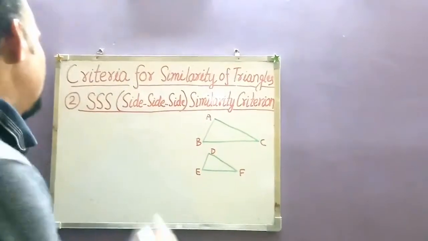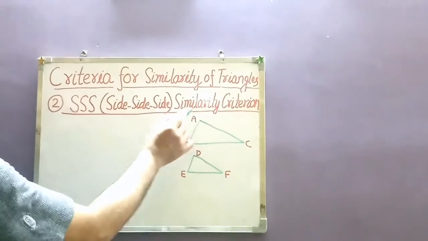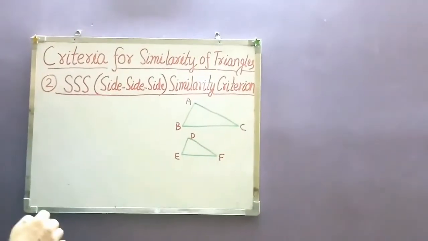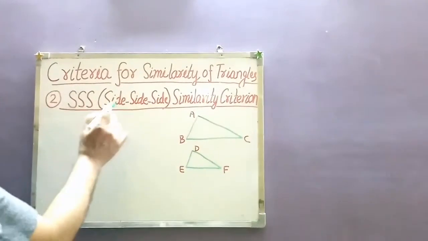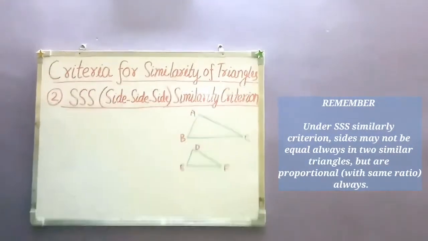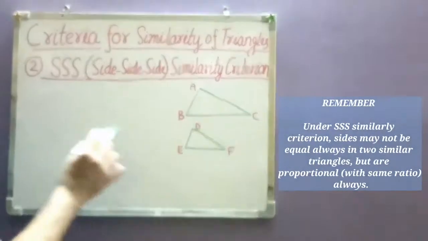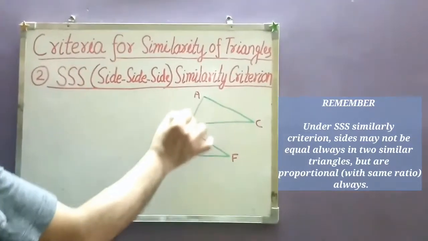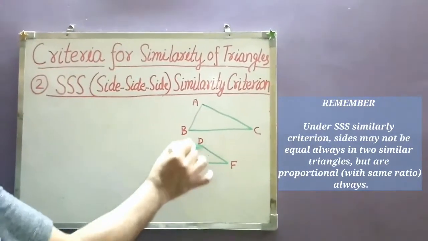Second criterion, SSS, means side similarity criterion. Statement, in two triangles, if their corresponding sides are proportional, that is in the same ratio, then their corresponding angles are equal, and hence these two triangles are similar.